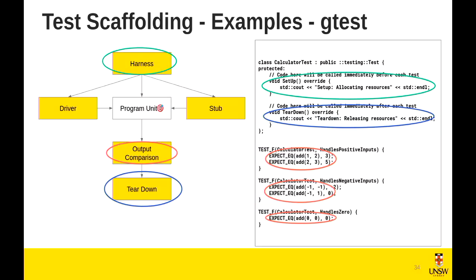Normally a program unit is considered as a single function or a single method of the program. And we could apply all the black box or white box testing techniques we have learned, especially white box testing techniques, to design unit tests.